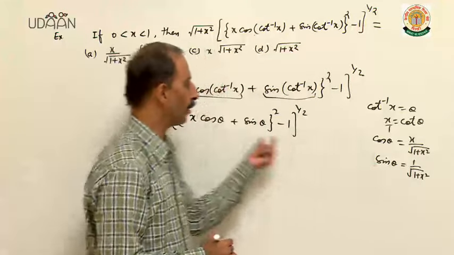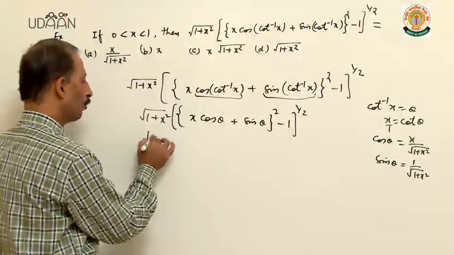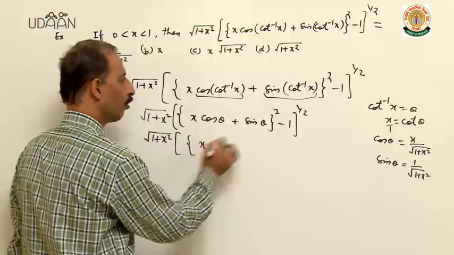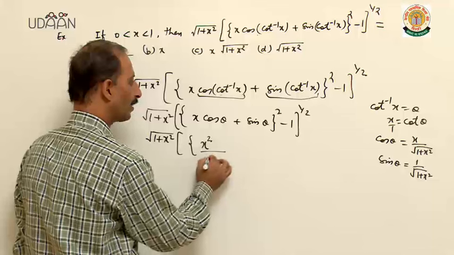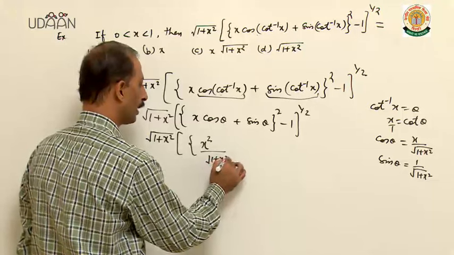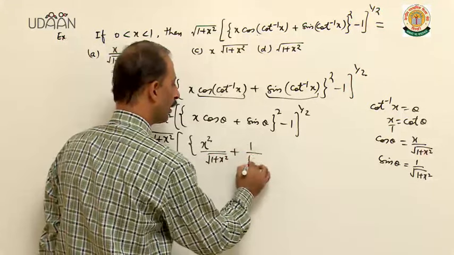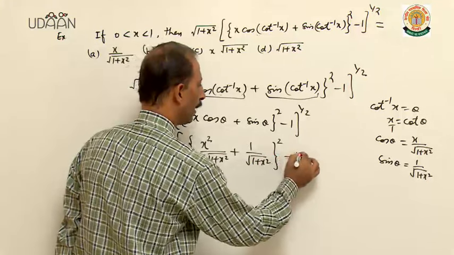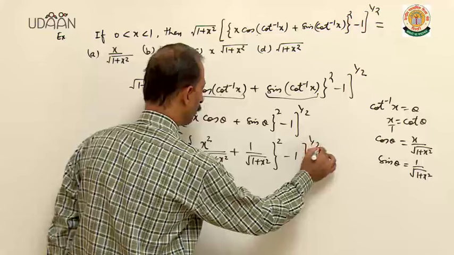These two values I am substituting here. So root 1 plus x square multiplied by x. Cos theta is x upon root 1 plus x square, so it becomes x square. Sin theta is 1 upon root 1 plus x square, whole square minus 1, and whole square root.